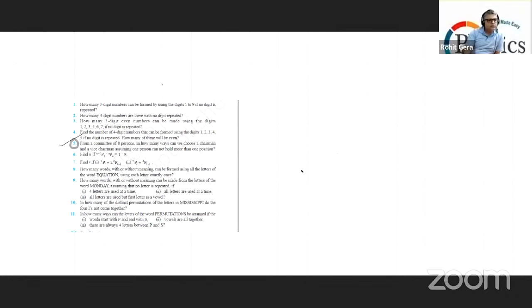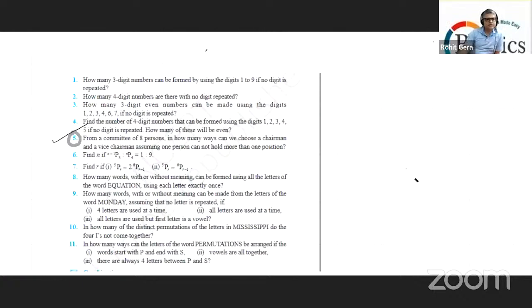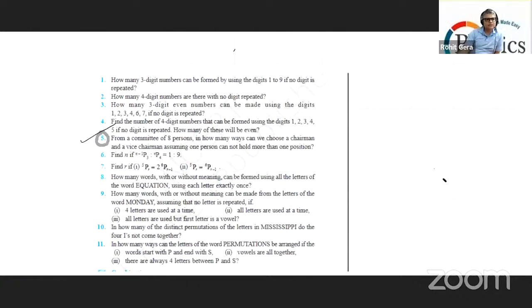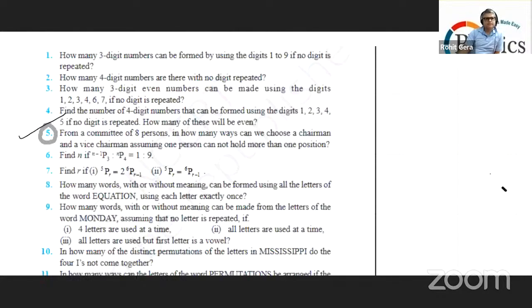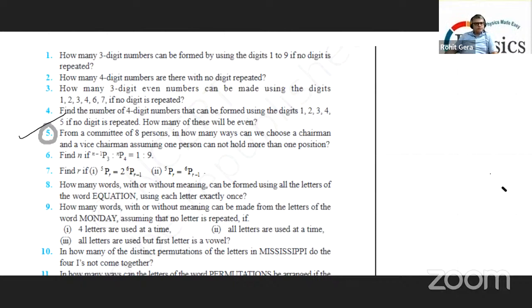Find n. An absurd question is this. n minus 1 P3.